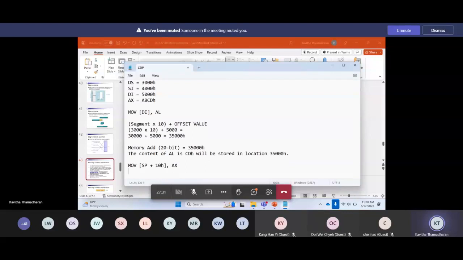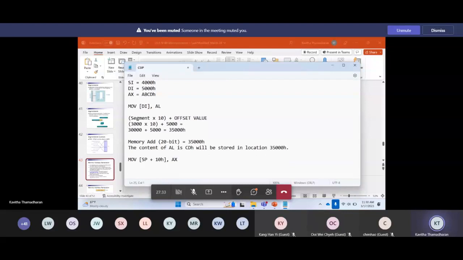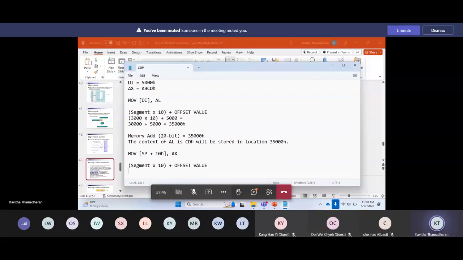So how do I do this? Again, we use the formula: segment times 10 plus the offset value. So what is the segment for SP?